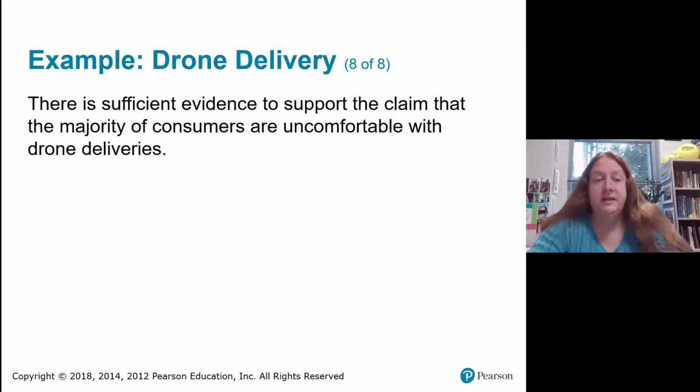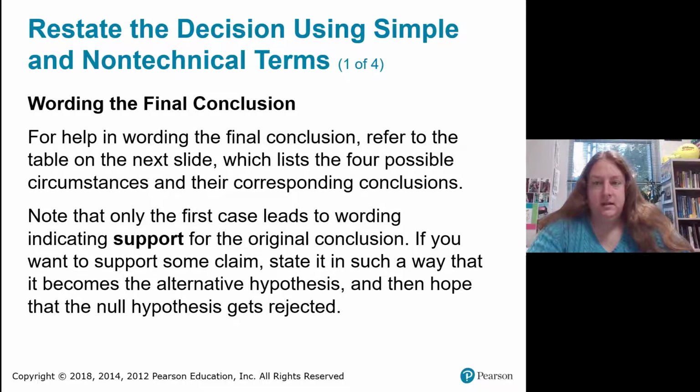So the way this could sound for the drone delivery is: there's sufficient evidence to support the claim that the majority of consumers are uncomfortable with drone deliveries. No technical terms in there. So those are some tips on wording that final conclusion.